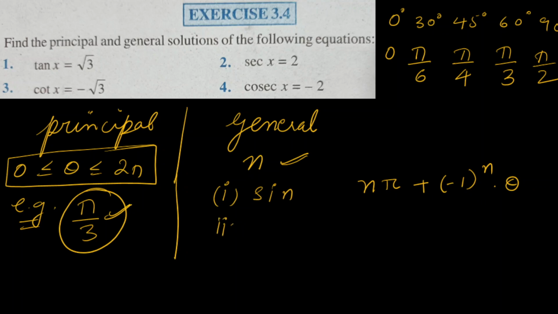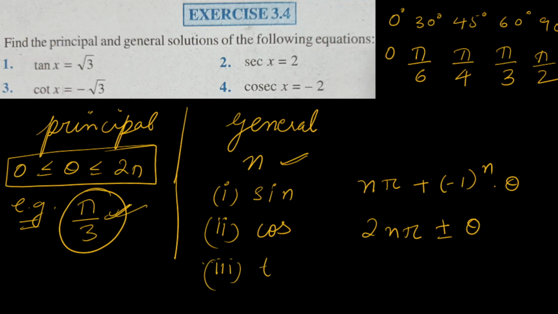For cos, the general solution is 2n pi plus minus theta, or x, meaning whatever angle we are getting in the principal solution, that angle we have to write. And third, for tan it is n pi plus theta. This theta is the angle which we are getting in the principal solution. So this you have to remember.